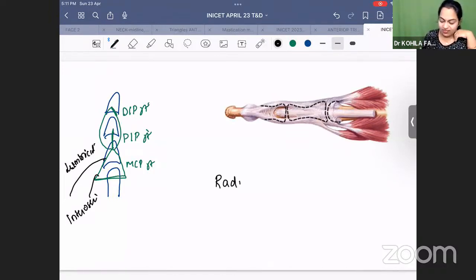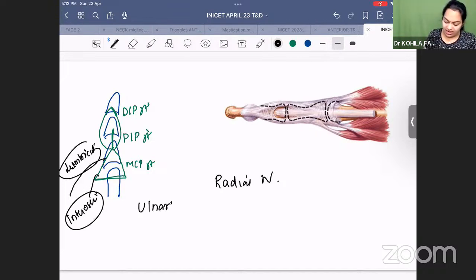Radial nerve. Yes, very good, Sai Krishna. But the extension of your proximal and distal interphalangeal joint is under the control of which nerve? The lumbricals and the interossei, which are innervated mainly by the ulnar nerve and median nerve. Okay, so this point you should remember.